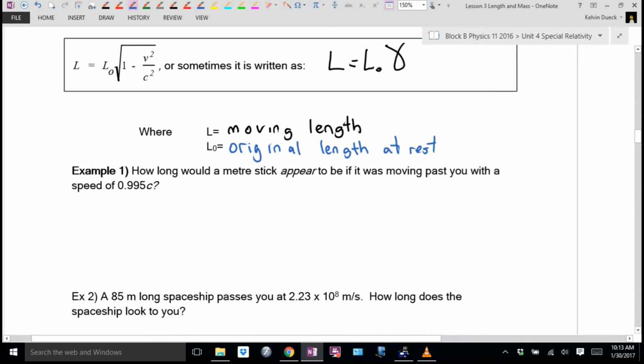So, let's suppose a meter stick went shooting past you at 0.995 c. How long would it look to you? This wants us to find the moving length.